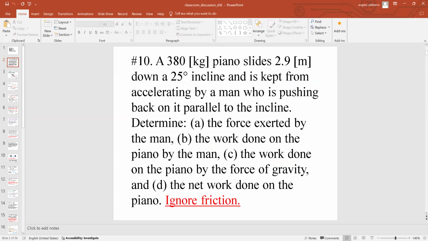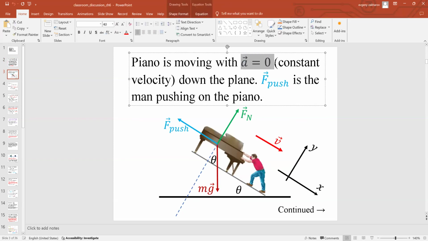kept from accelerating. So acceleration is just 0. It's also a very useful statement to put on your sketch. It's not always the case that acceleration is 0, but for this particular problem, acceleration is 0. And that means no change in velocity. That's the direction for motion.